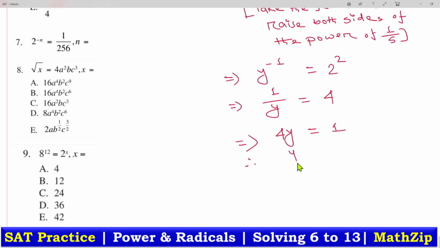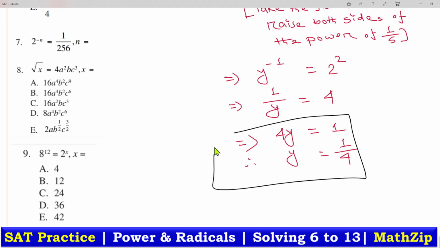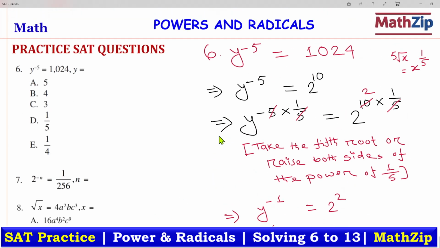So y equals 1 by 4, and this is our answer. Very simple. So number 6, the answer is 1 by 4, which is option E. I hope you cleared this one.